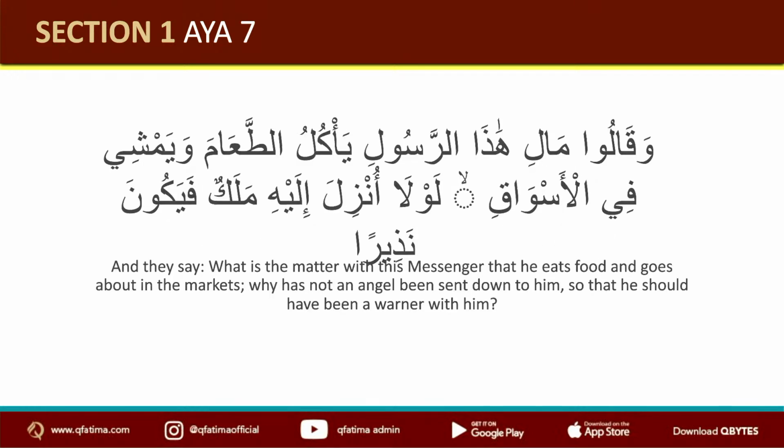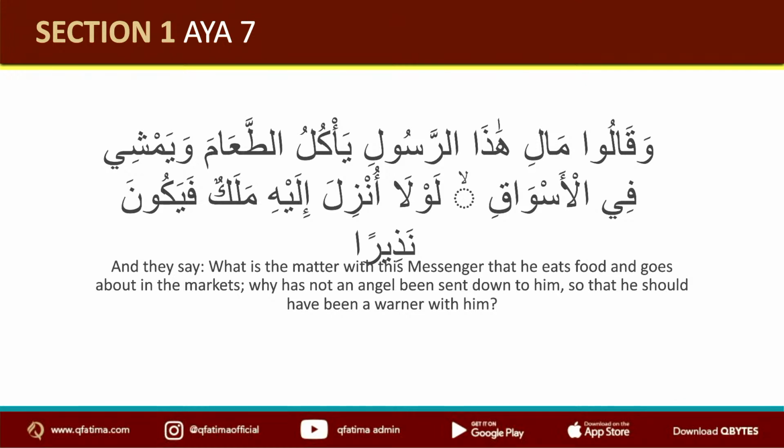Let's see their other objection. وَقَالُوا, they say, مَا لِهَذَا الرَّسُولِ. How can he be a representative of God? يَأْكُلُ الطَّعَامَ. He eats food. He sits down and eats with us. وَيَمْشِي فِي الْأَسْوَاقِ. He goes shopping. If he was a divine messenger, in their heads, he would not eat, he would not go shopping. لَوْلَا أُنزِلَ إِلَيْهِ مَلَكٌ.